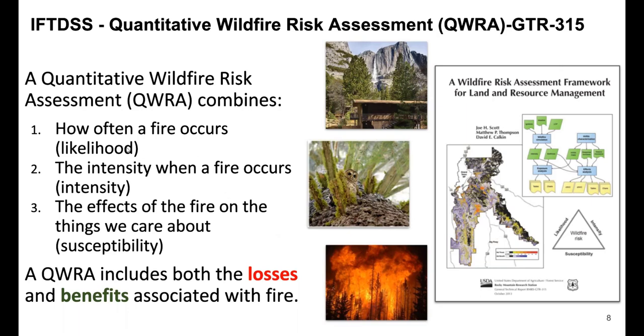So the likelihood or burn probability, the intensity, so the flame length and intensity outputs, and then lastly, what makes it a risk assessment as opposed to an exposure analysis or just hazard is that it's looking at the effects of the fire on the things we care about. So it's taking into account the effect of fire on that value, that resource, and those are defined by the user. It's ranking in importance defined by the user, and ultimately giving a loss or benefit associated with that fire. So same process applied in IFTDSS as in these other published risk assessments.